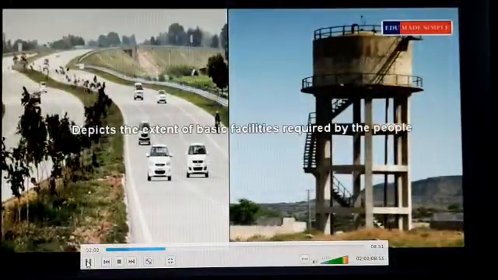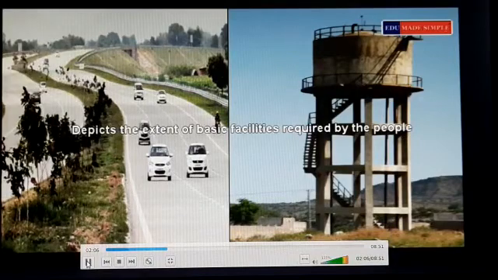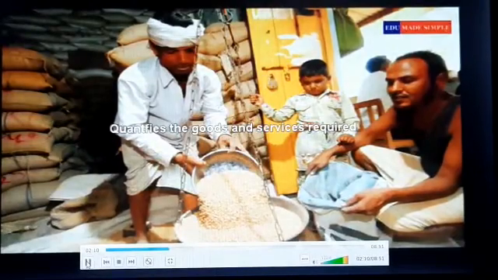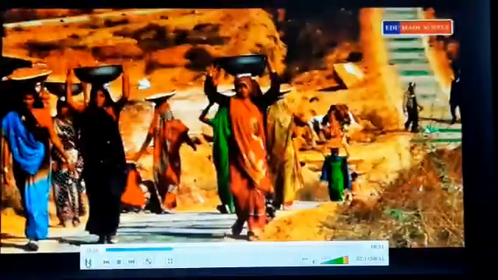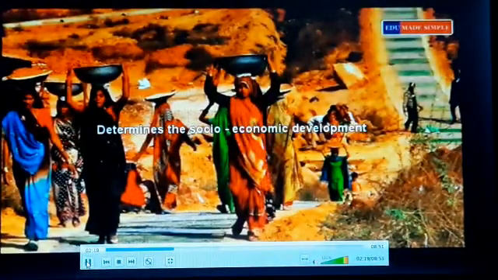It depicts the extent of these facilities required by the people. 4. Through this, government can quantify goods and services required. 5. It determines the socio-economic development policies.